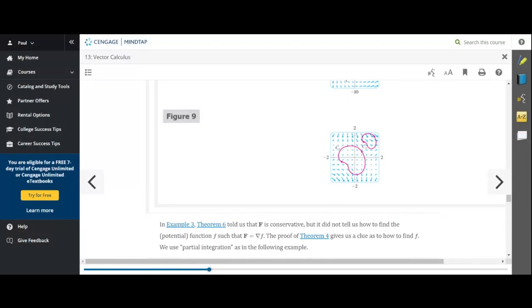And what they're saying is, if you move along any closed path in the field, the work will equal 0, because the field helps the particle move along the path on some parts and hurts the particle moving along the path in the other parts. But the net sum is equal to 0 for the work.